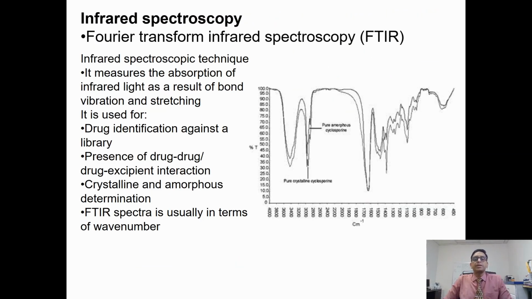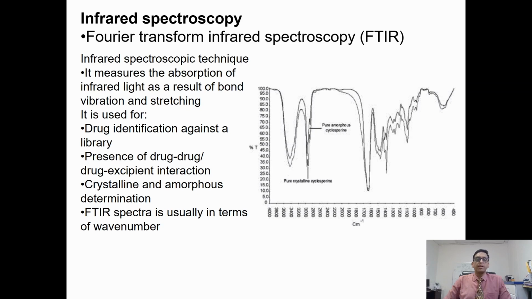Another important method we discussed earlier is FTIR, Fourier transform infrared spectroscopy, called fingerprint analysis of the drug substance or new chemical entity. The infrared spectroscopy technique measures the absorption of infrared light as a result of bond vibration and stretching. It is used for drug identification, the presence of the drug, drug excipient interaction, and crystallinity or amorphous character can be characterized.